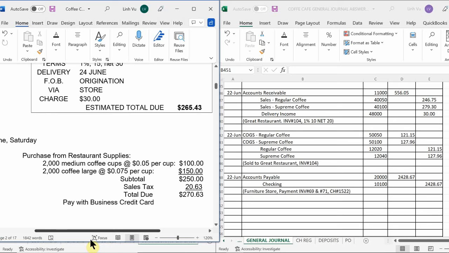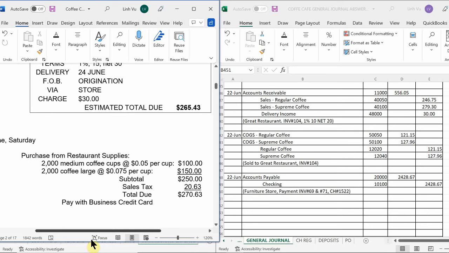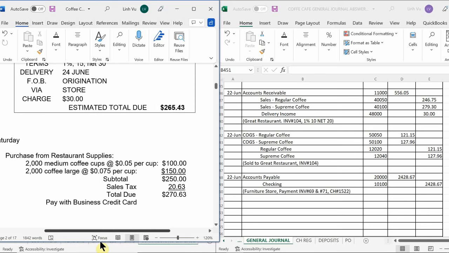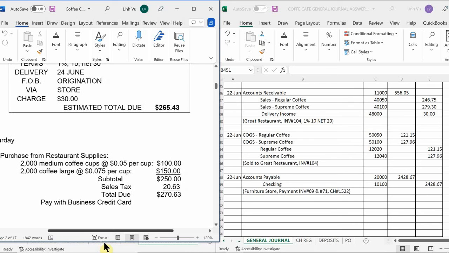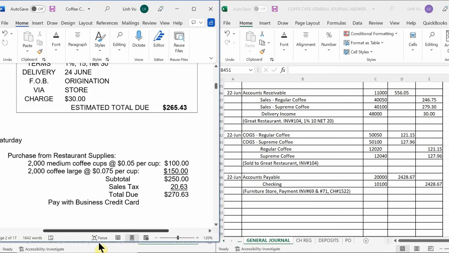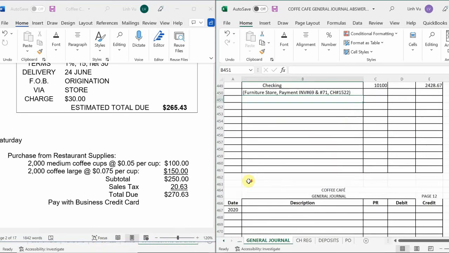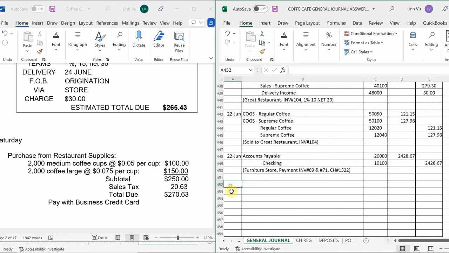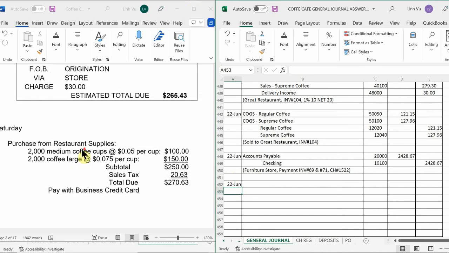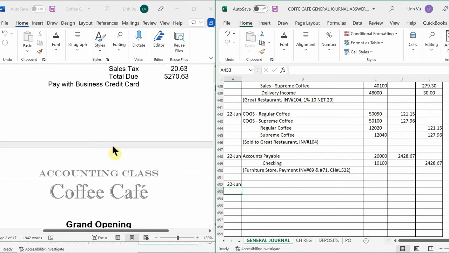Then, same day, we end up purchasing some more supplies at Restaurant Supplies. What is it?